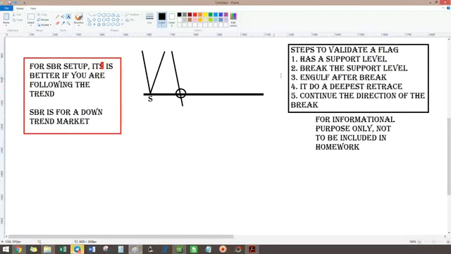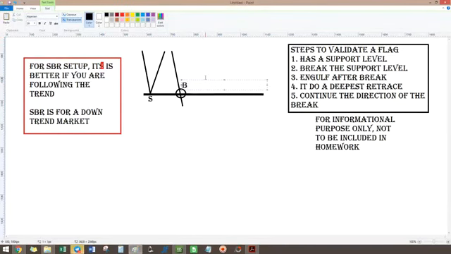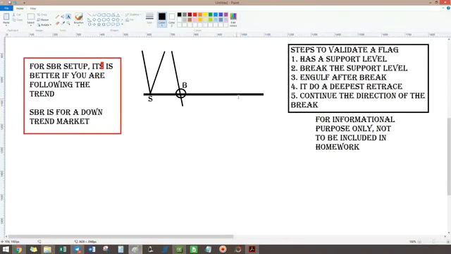So the first one, you have a support level. You have a break, which I will write as B. And then it engulfs. What is meant by engulf is it does the thing like this. When it goes like this, we then do the deepest retrace.